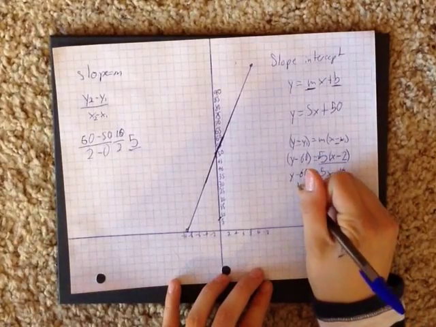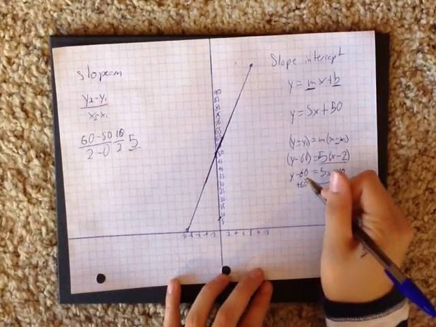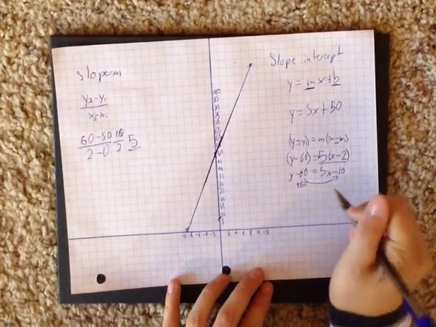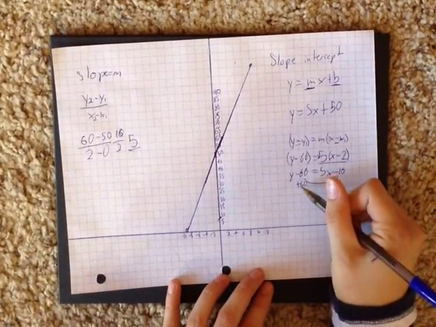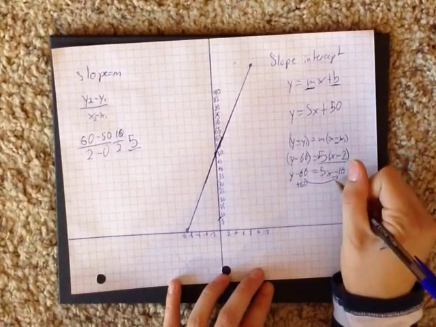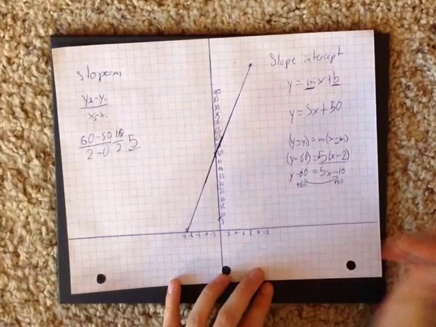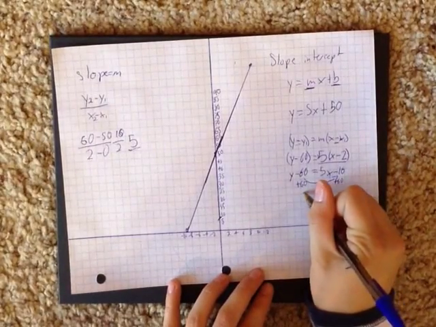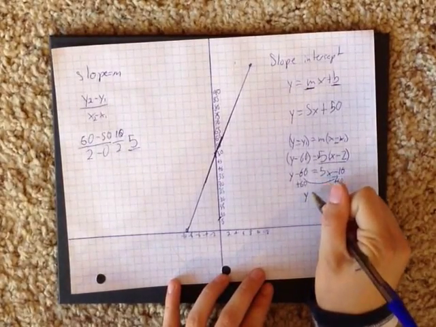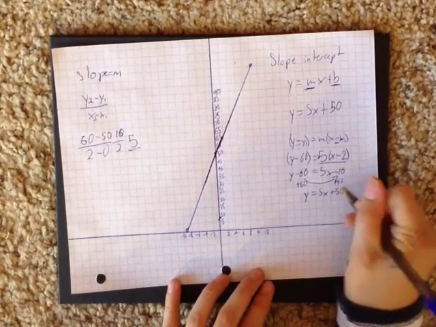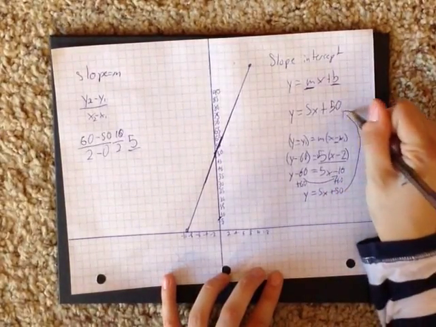You do this by adding 60, because remember, minus 60 plus 60 is going to equal 0. However, since we added it to this side, we also must add it to this side. So we're going to add 60 to this side as well. So that means that our slope-intercept form is going to be y equals 5x plus 50. Hey, look, they're the same.